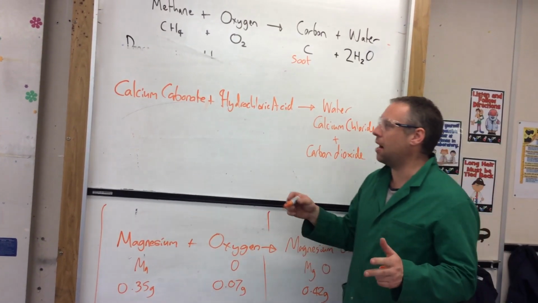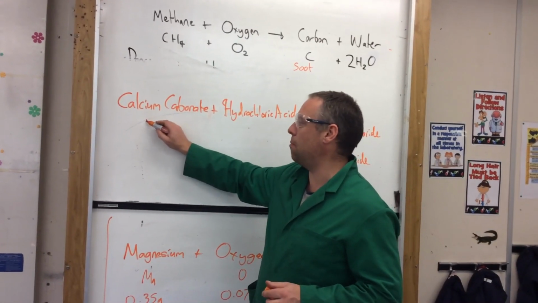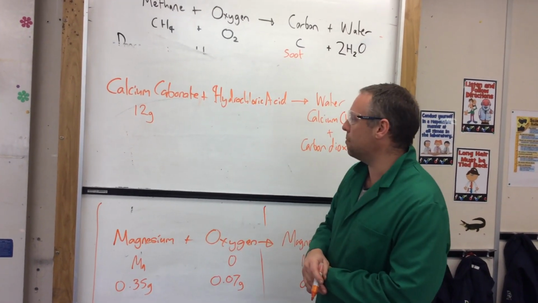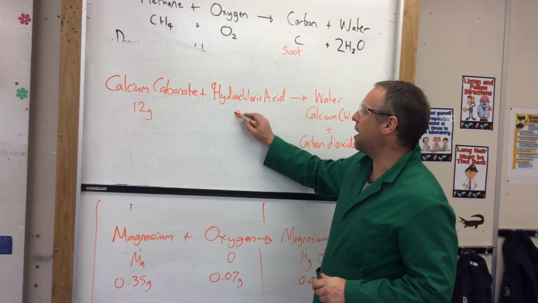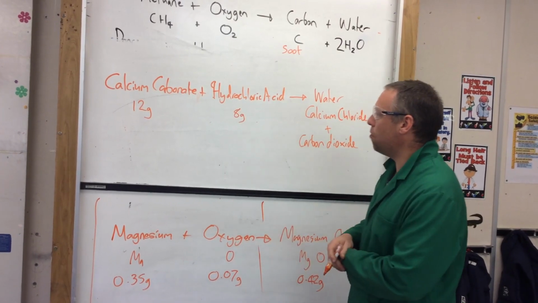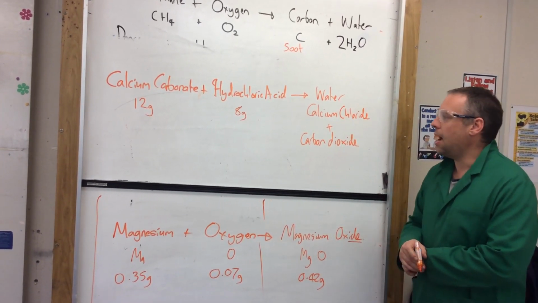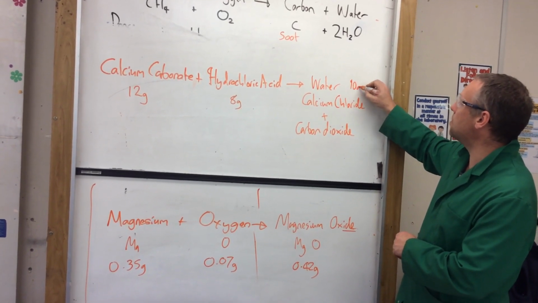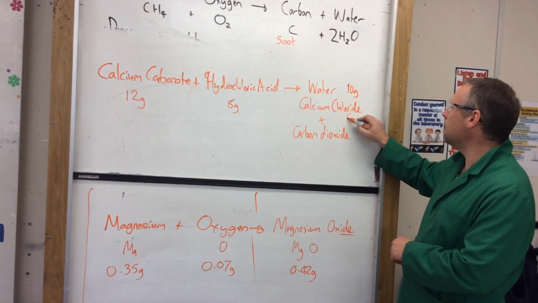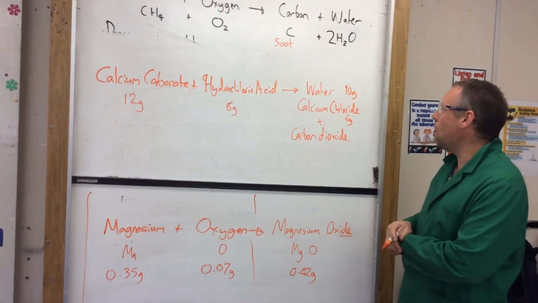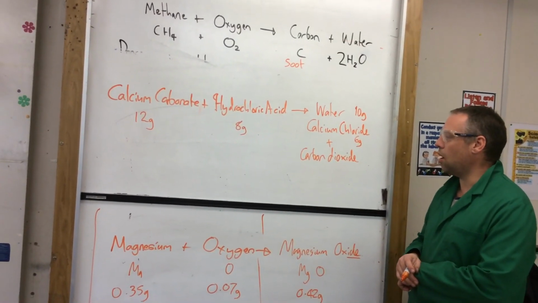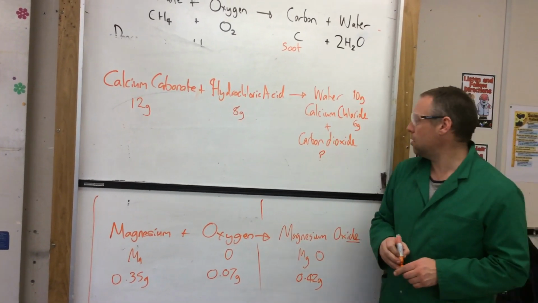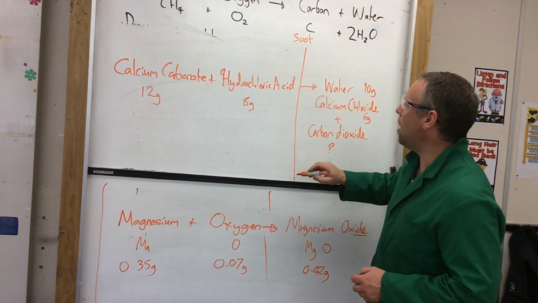Now, I'm going to make up some random figures because it doesn't really matter at this point. Let's say I had 12 grams of calcium carbonate and I had 8 grams of hydrochloric acid. And it turned out I had 10 grams of water, 6 grams of calcium chloride. Then how much would my carbon dioxide weigh?